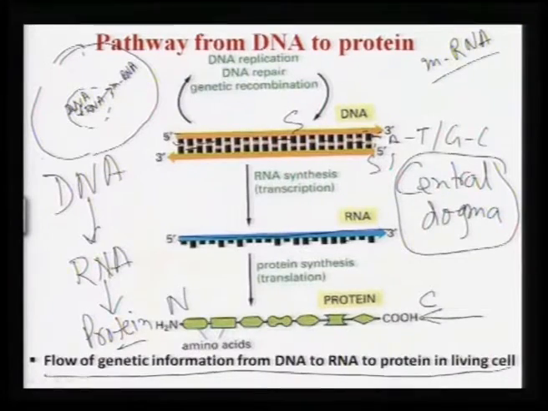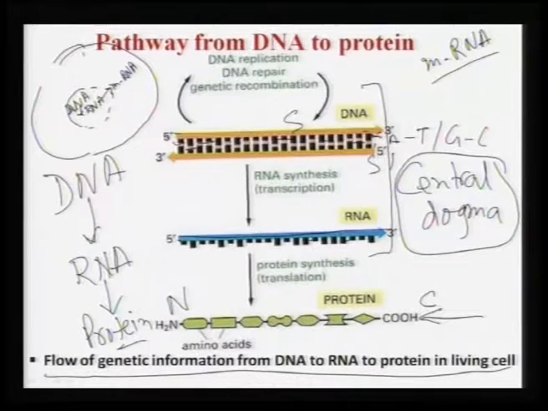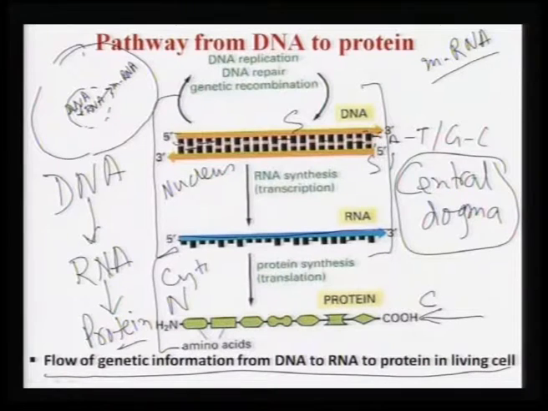Do you understand the whole process? Up to this process, DNA to RNA, all takes place in the nucleus. From RNA to protein synthesis, all takes place in the cytoplasm.